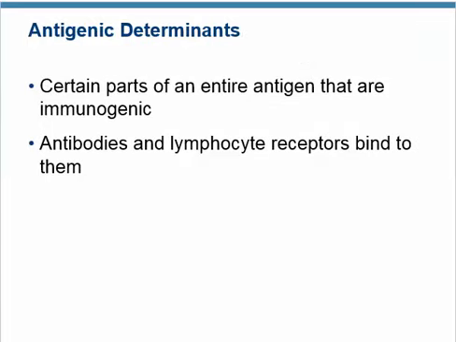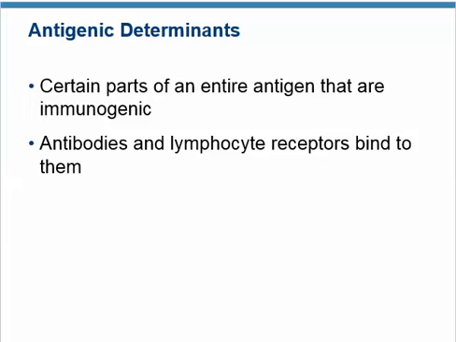So, antigenic determinants. Again, I spoke about this in class. These are the things that make the antigen react. These are the aspects of the antigen that are critical to this immune response.